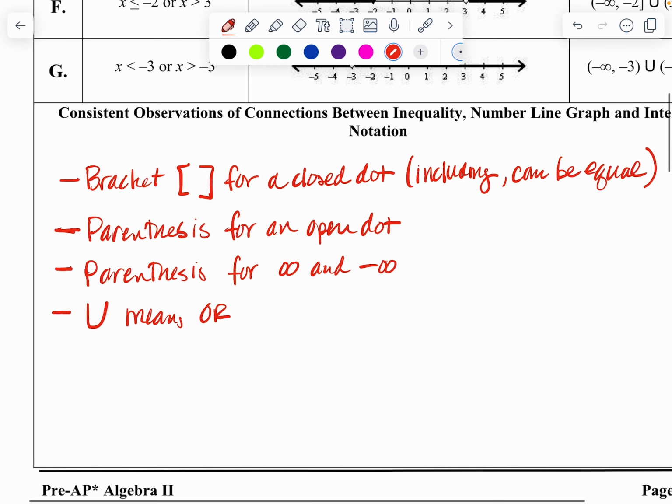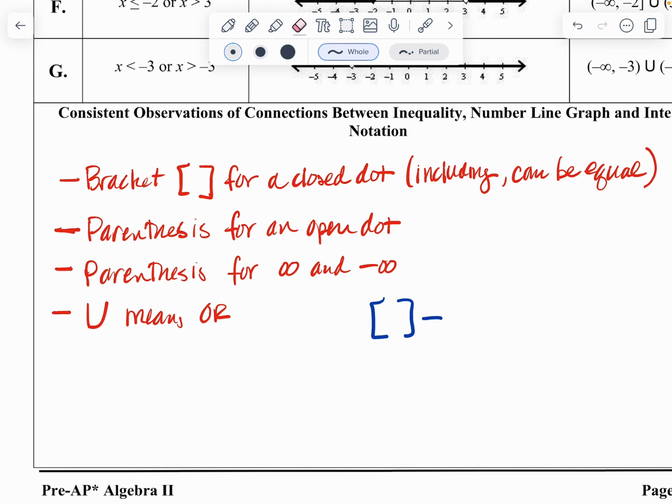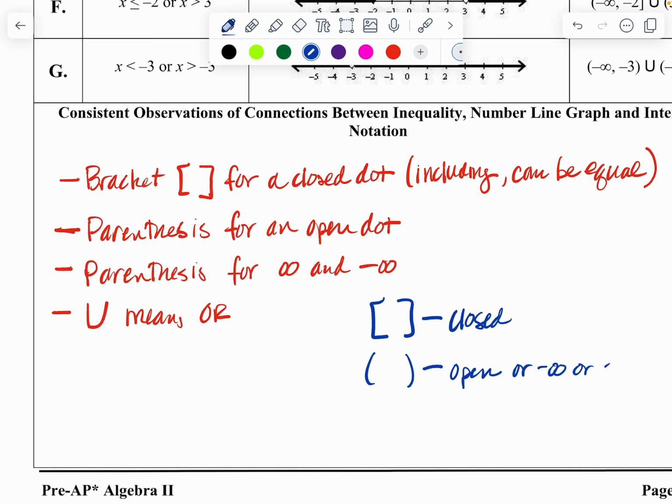So just something to keep in mind, brackets, that's what we call a closed interval. If it's parentheses, it's open, and we use it for an open dot or negative infinity or positive infinity. Okay.